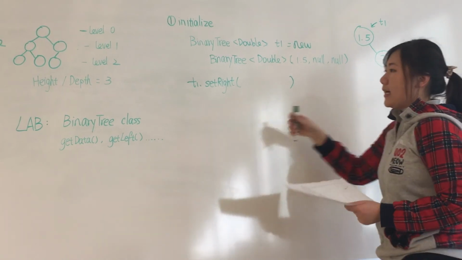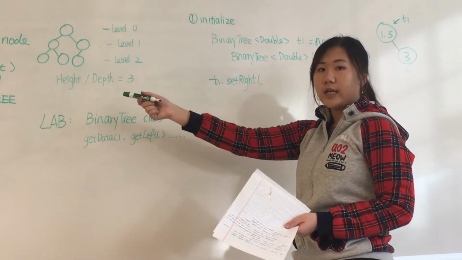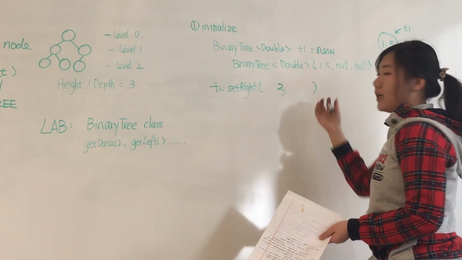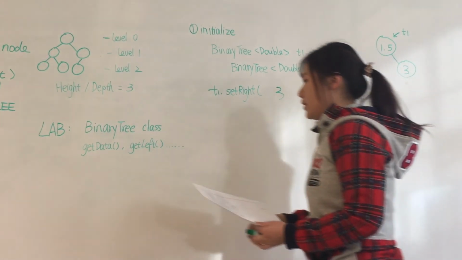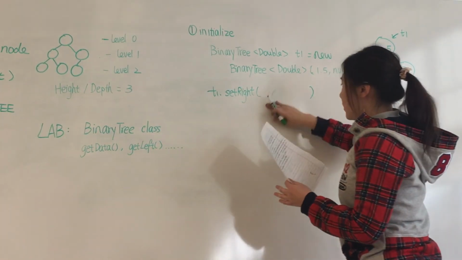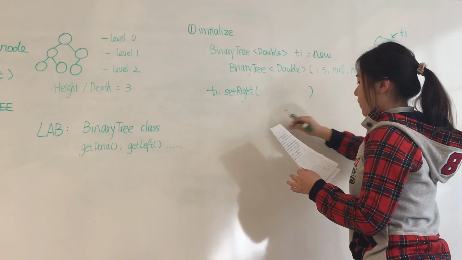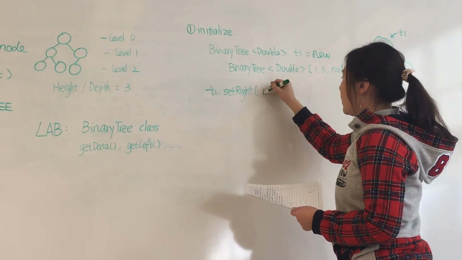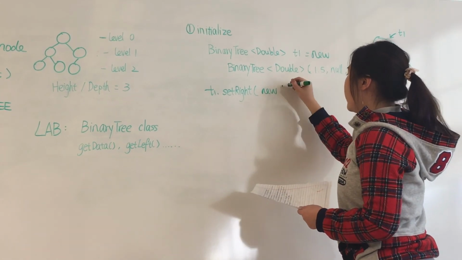However, we just said that the left and right should be a tree instead of just a number. So if you just say setRight 3, it is wrong. So we have to define this node right here as a tree structure. So we can say setRight and create another tree.